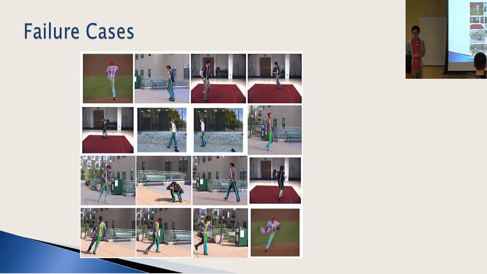And here are some failure cases, as I said. Since the method still can be improved, I think the failure cases are mostly because of the occlusions of the body parts. For example, for the first image, actually the legs are here, but they are occluded by the torso, so it's very difficult to know where the leg is.